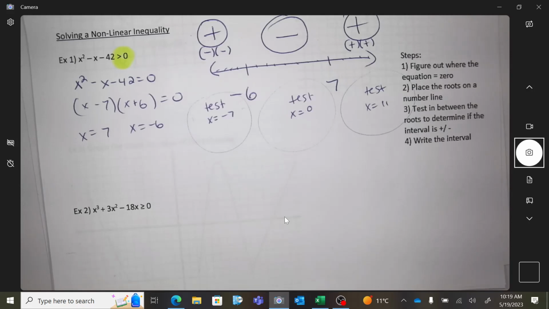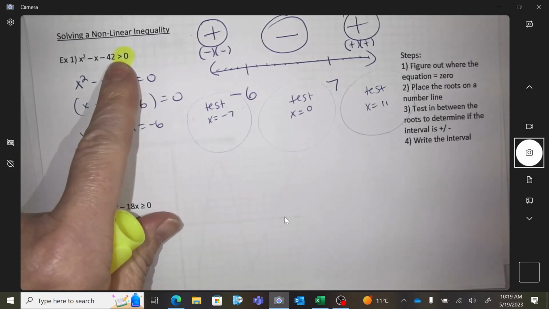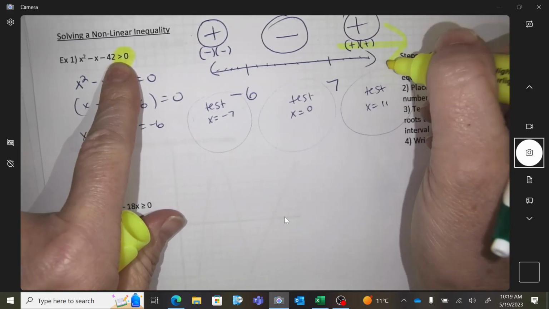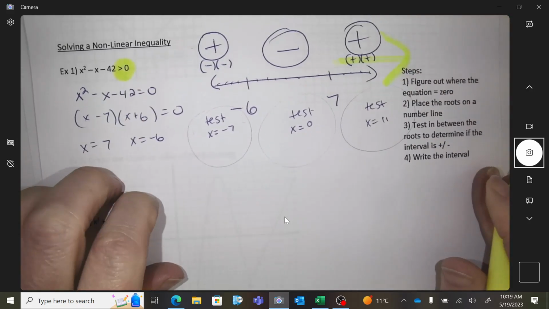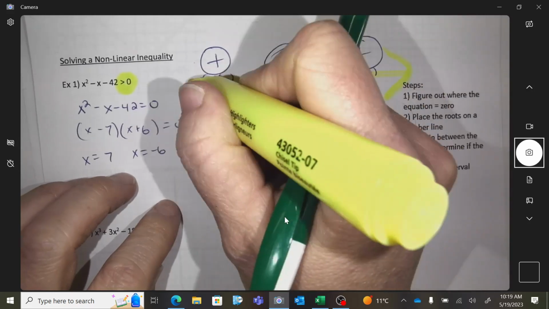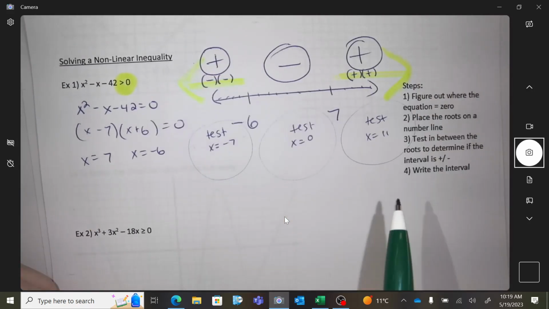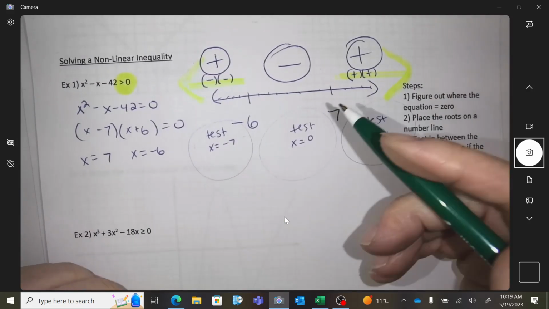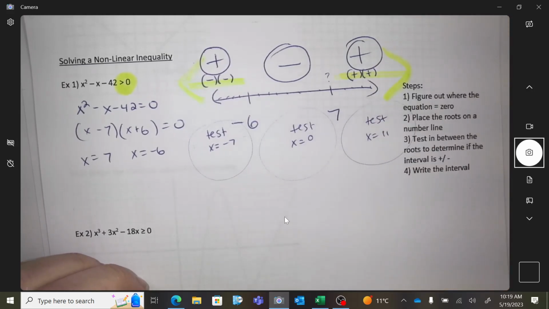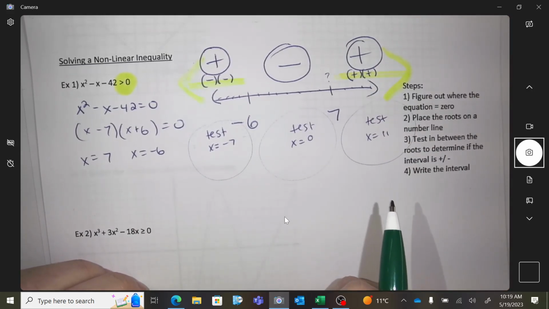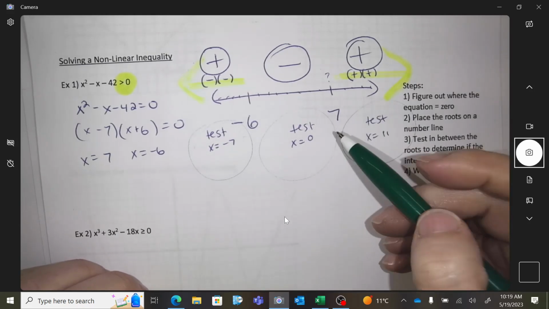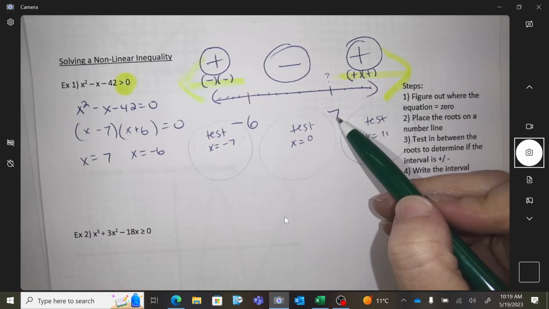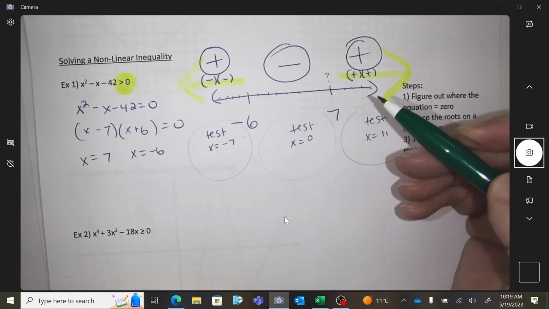What's greater than 0, positive or negative? Positive, so I can be in this region, or I can be in this region. Here's a question. Can I be exactly on 7 or not? What happens at 7? Exactly when you're at 7, what's happening? It flips.